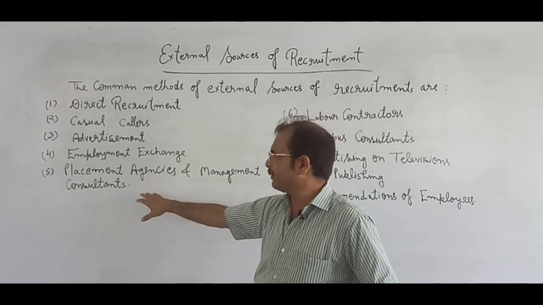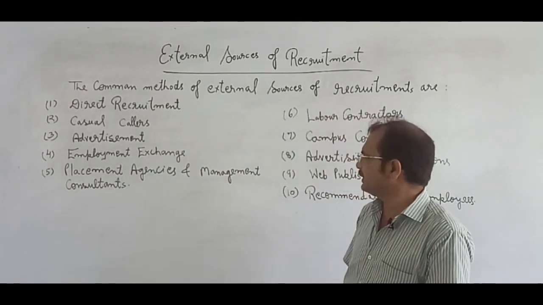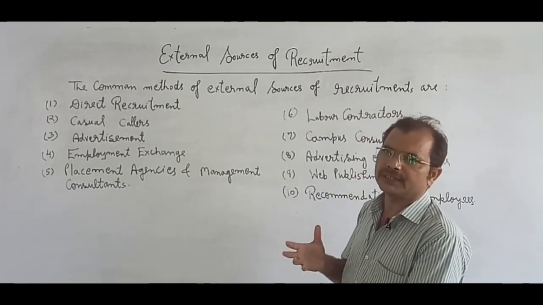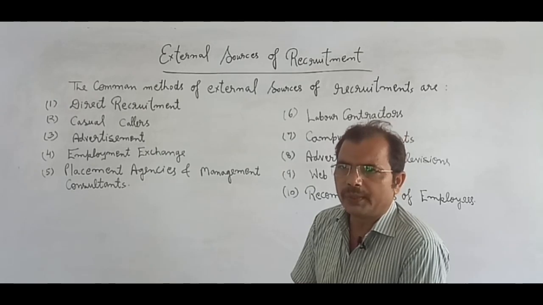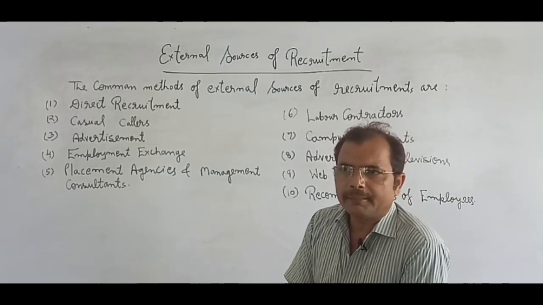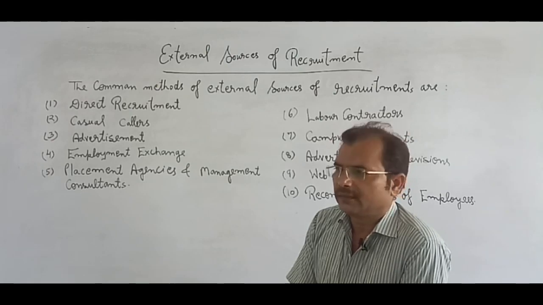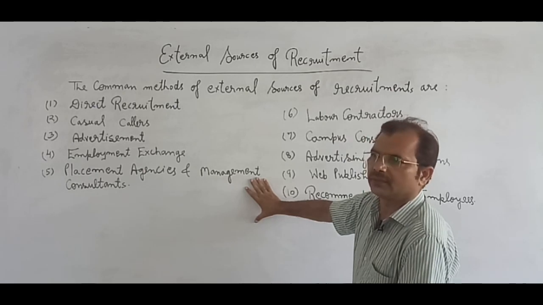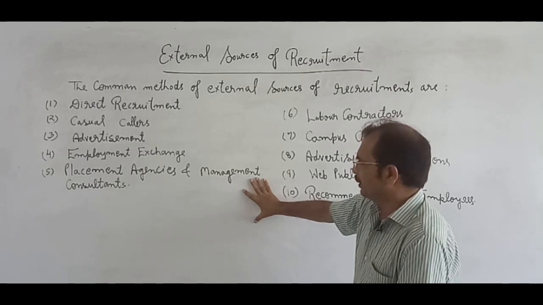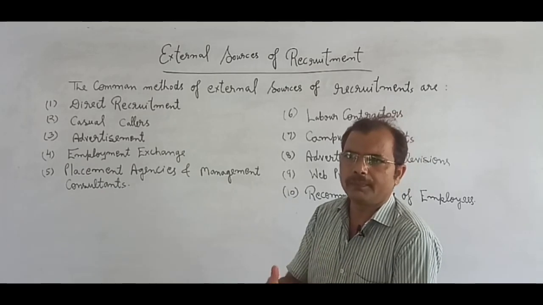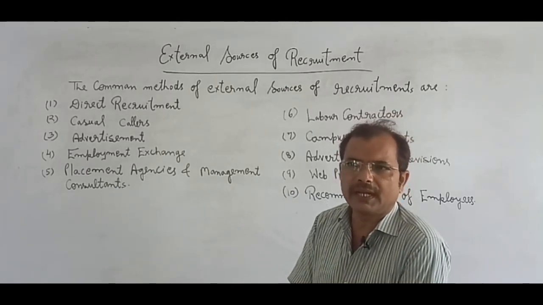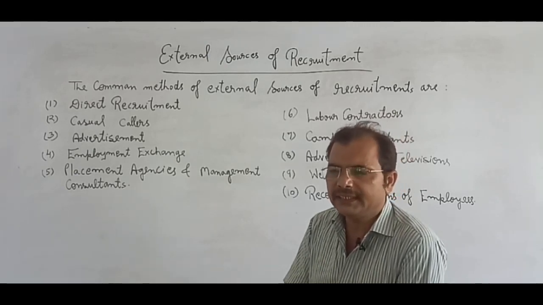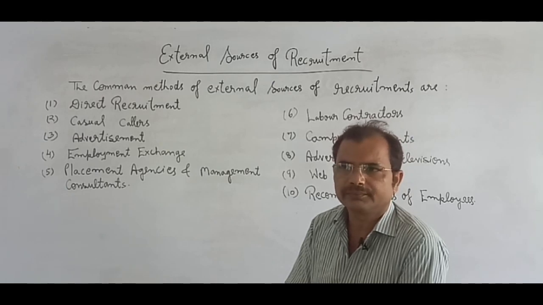Now we will see the fifth point, placement agencies and management consultants. There are different types of consultancies at work. They provide both skilled and unskilled employees to the organization, and people can enroll, people can give the information about their qualification to the consultancies, and consultancies have contact with the organizations.